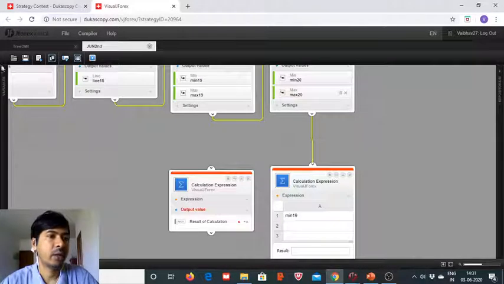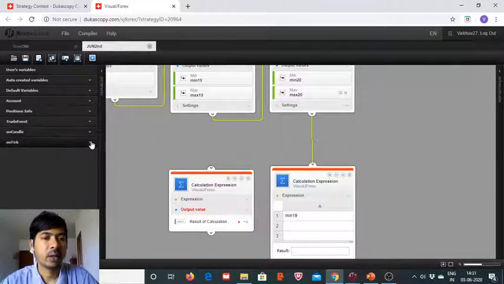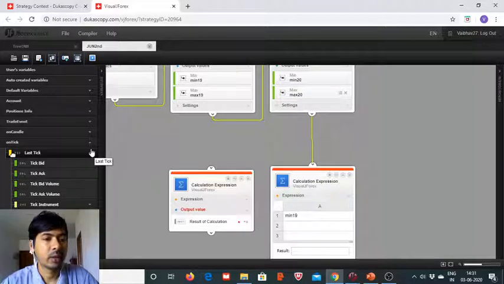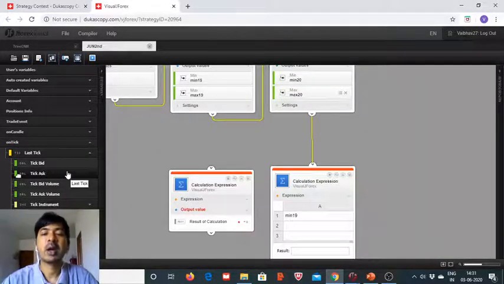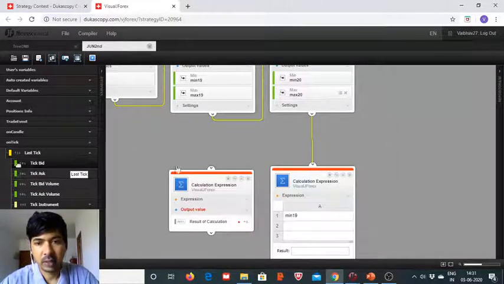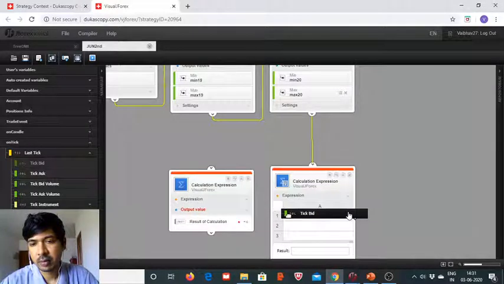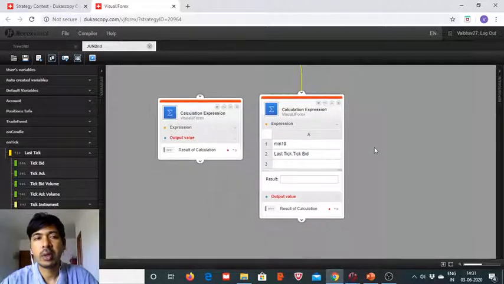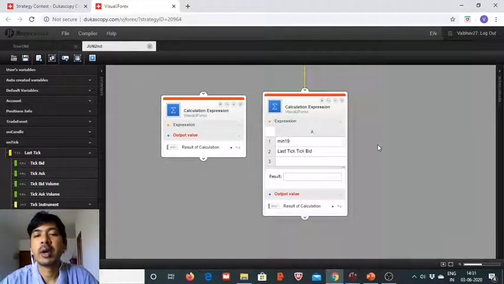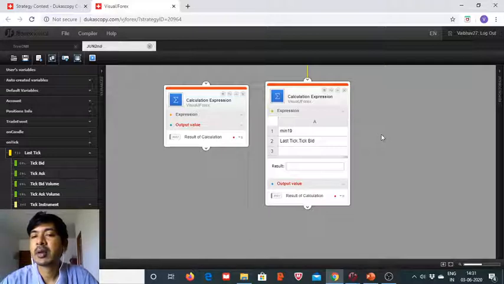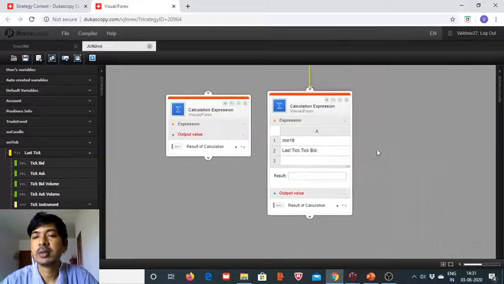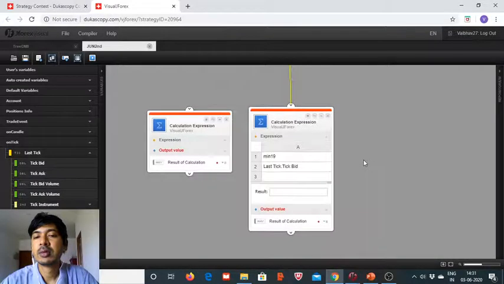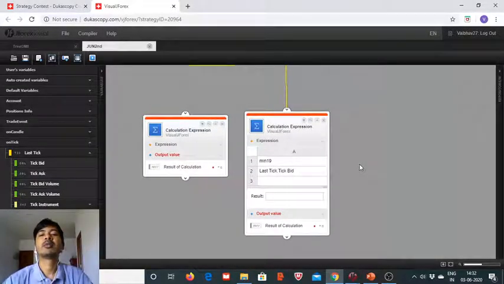And then we need last tick price, last tick bid or tick ask, anything you can take. Maybe tick bid will be better. So what we have to do is we have to deduct last tick price after the condition gets fulfilled.